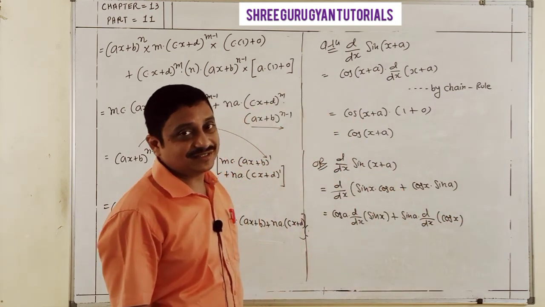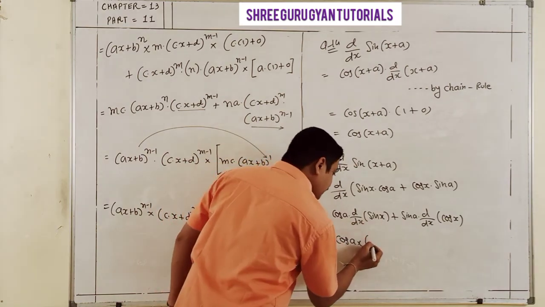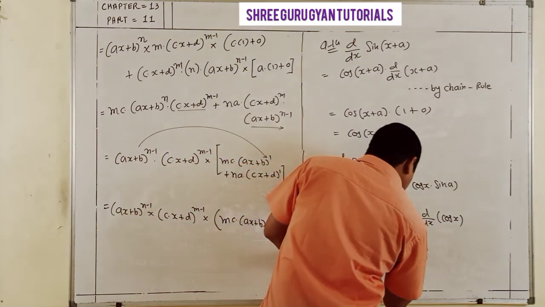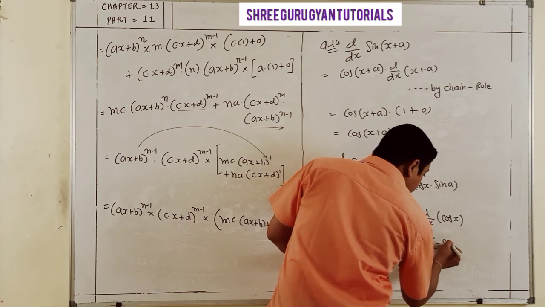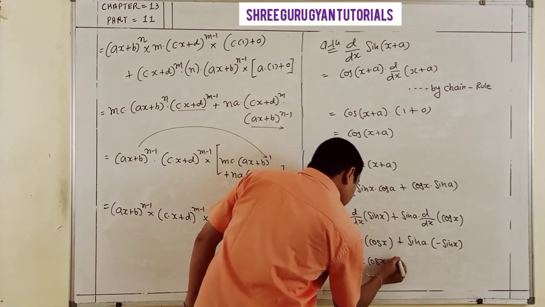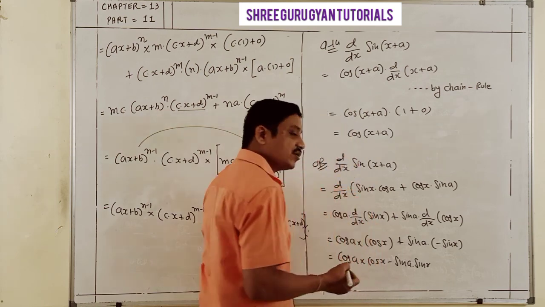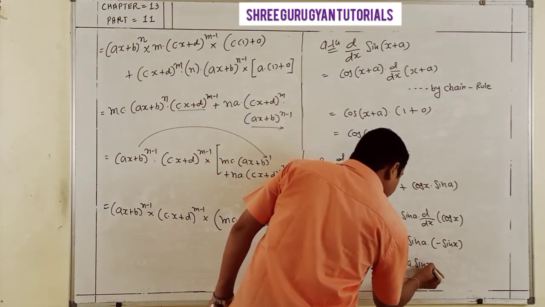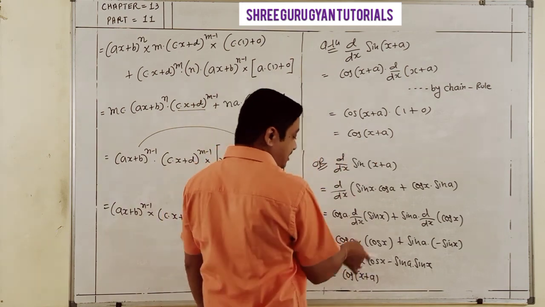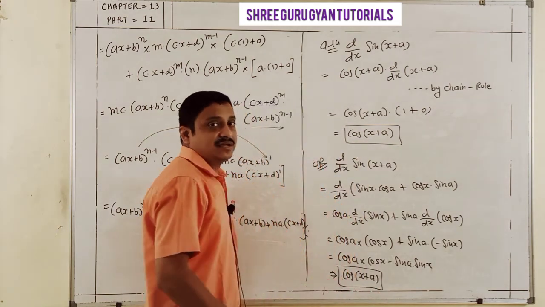Now operate the simple derivative. So cos a same, the derivative of sin x is cos x, plus sin a, the derivative of cos x is minus sin x. So cos a cos x minus sin a sin x, and that becomes one of your simple formulas: cos(x + a). Check this answer and the previous answer; your final answer is very easily done here.